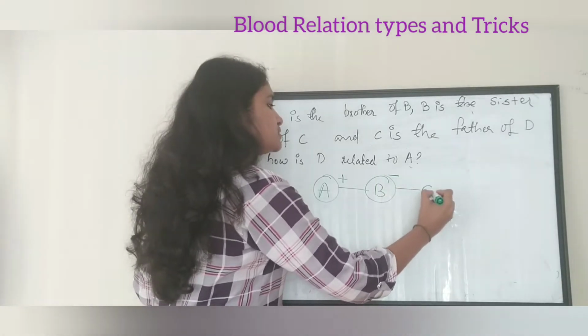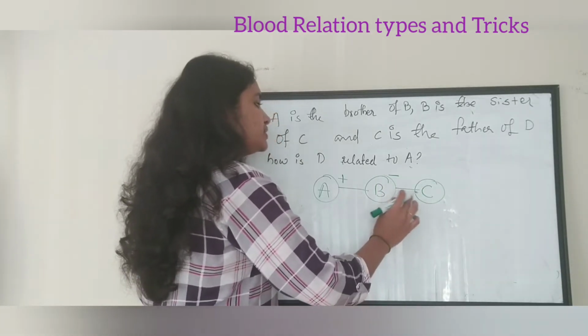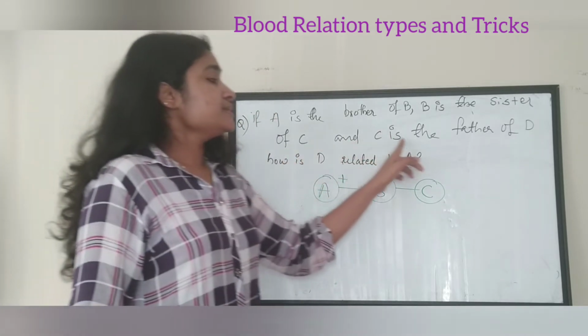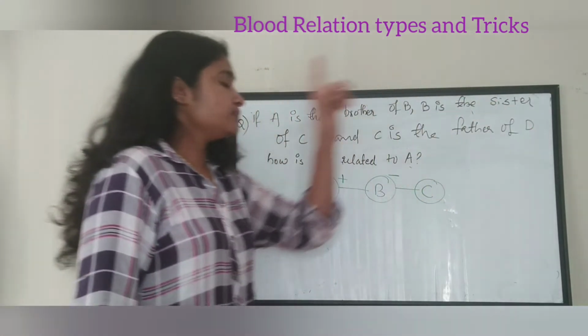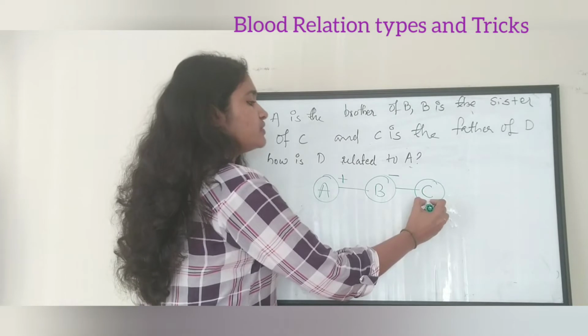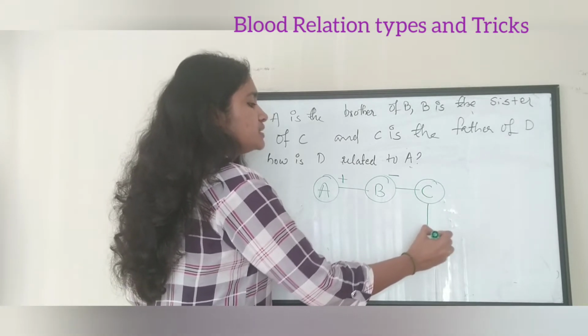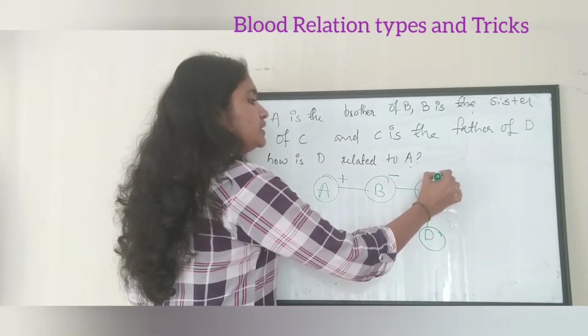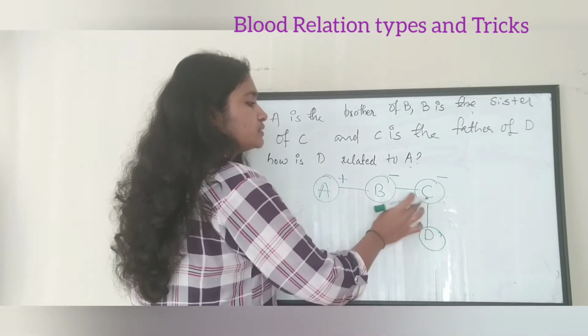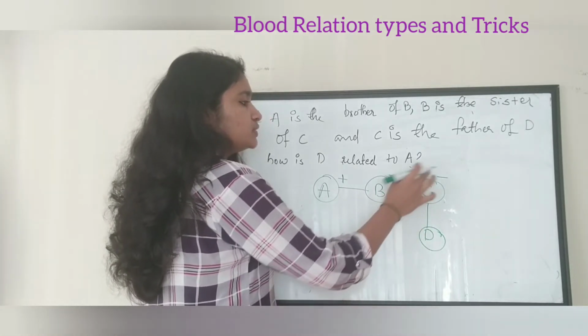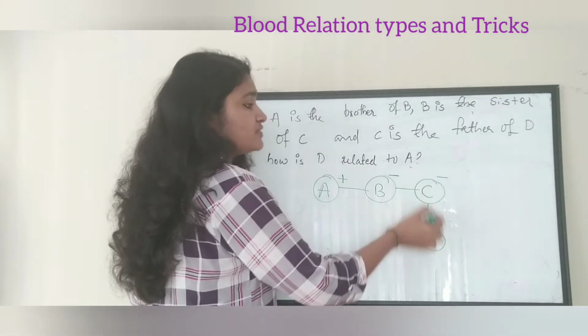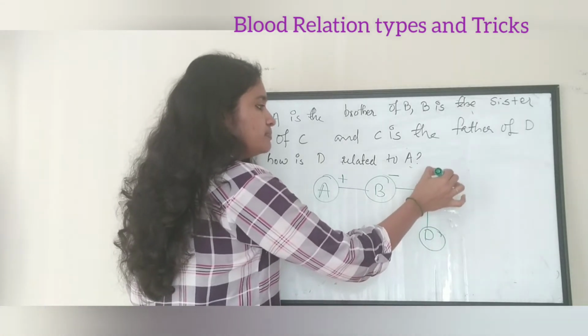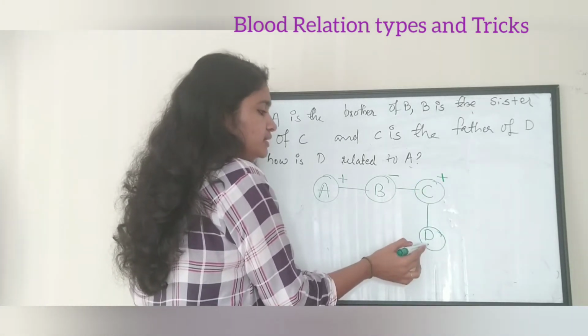So B is a sister of C means you can draw a parallel line to C. C is the father of D. Okay, so C is the father of D. So C is a male person and D we don't know.